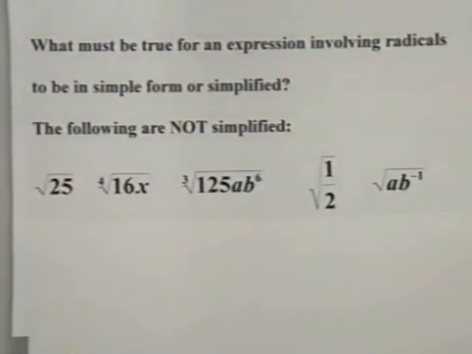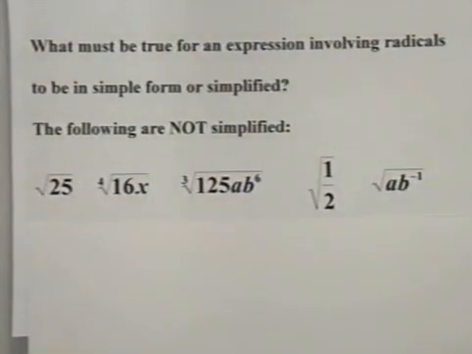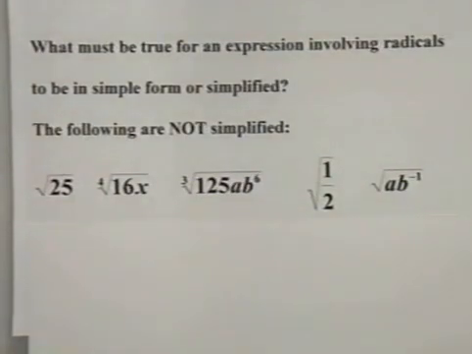The square root of 25 is a radical expression that we will say is not in simple form. The 4th root of 16x, we would say at least that radical is not in simple form. And our practice will be, just as we do with fractions, we always like our fractions to be in simplest form. Well, we want our radical expressions to be in simplest form.